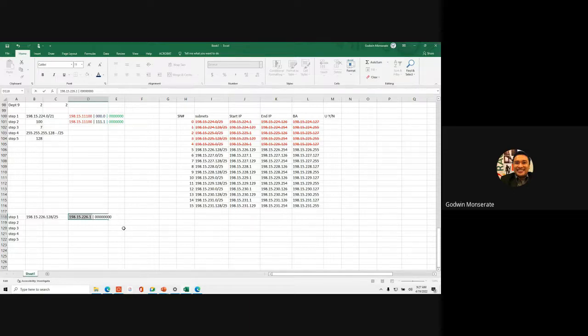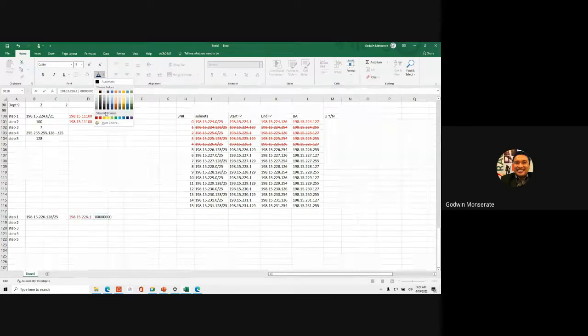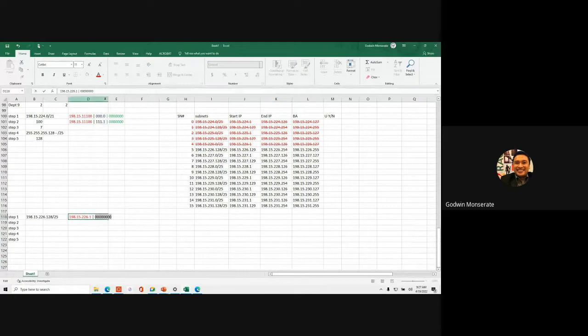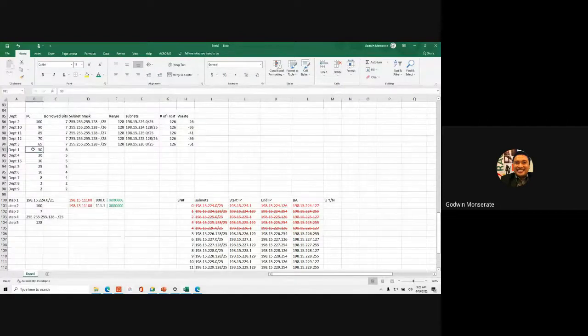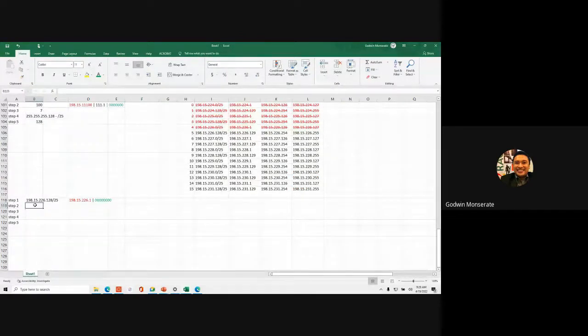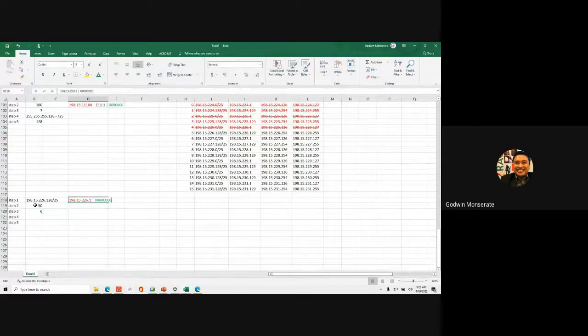Okay, we'll mark this one as red, and we'll mark this one as green. Okay, that's it. So how many bits to borrow? Our requirement is 56, so meaning we are going to borrow 6 bits. 1, 2, 3, 4, 5, 6. There you are. Okay, let's mark.